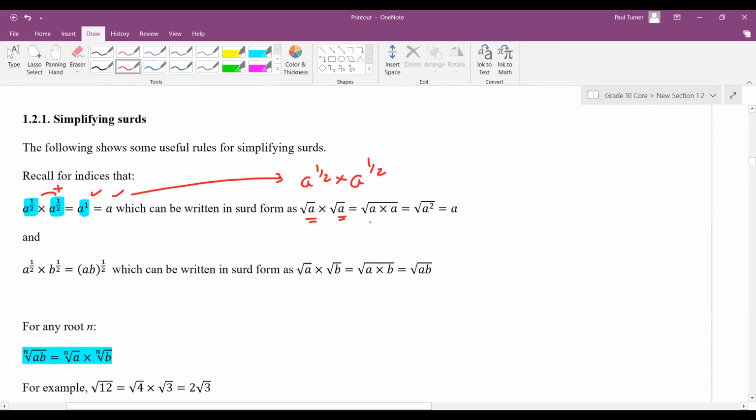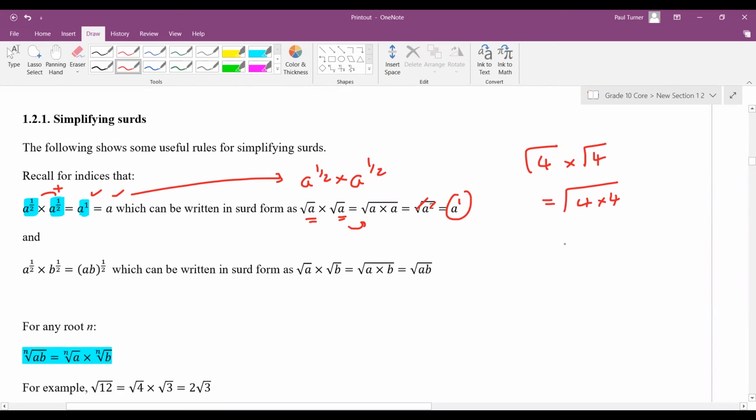And then we combine them under the root sign. And a times a is a squared, and the 2 will cancel the root sign to give a power 1. So whenever you have something like root 4 times root 4, you can combine them underneath the root sign as root 4 times 4.